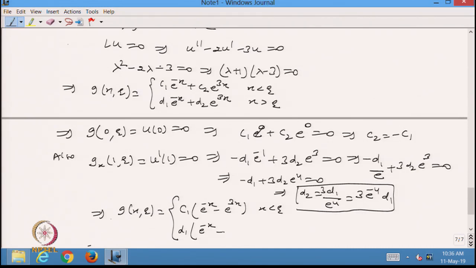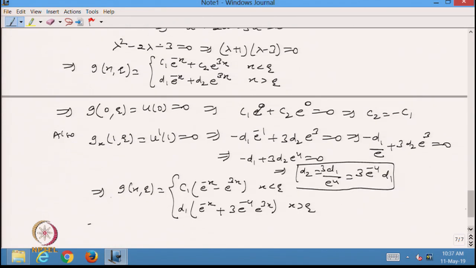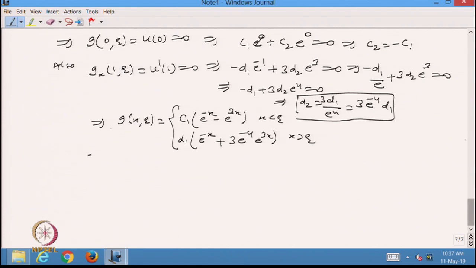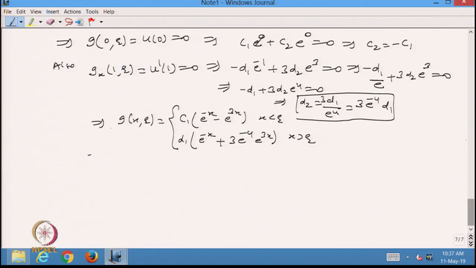So, plus 3 times e raised to power minus 4 into e 3x when x is greater than xi. So, this is the green function we are able to find. Now, I have two constants to find out, so C1 and C2. So, this one we can find out with the help of the properties of the green function.